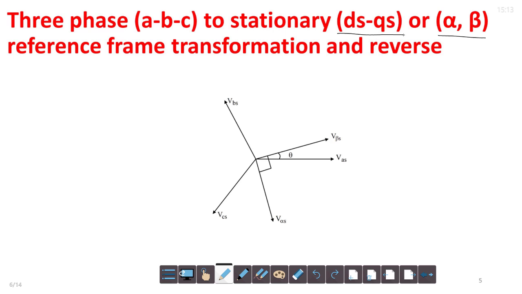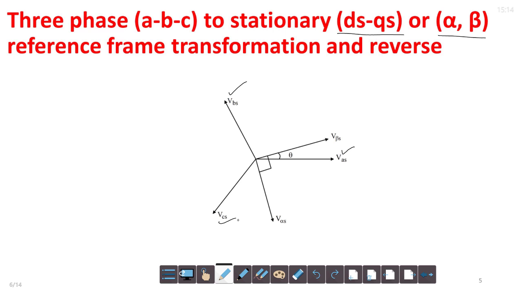For this transformation, we first consider the axes. The VAS axis we have taken as horizontal, VBS is lagging 120 degrees behind VAS, and VCS, these are the voltages in the ABC frame. VCS is lagging 240 degrees behind VAS.